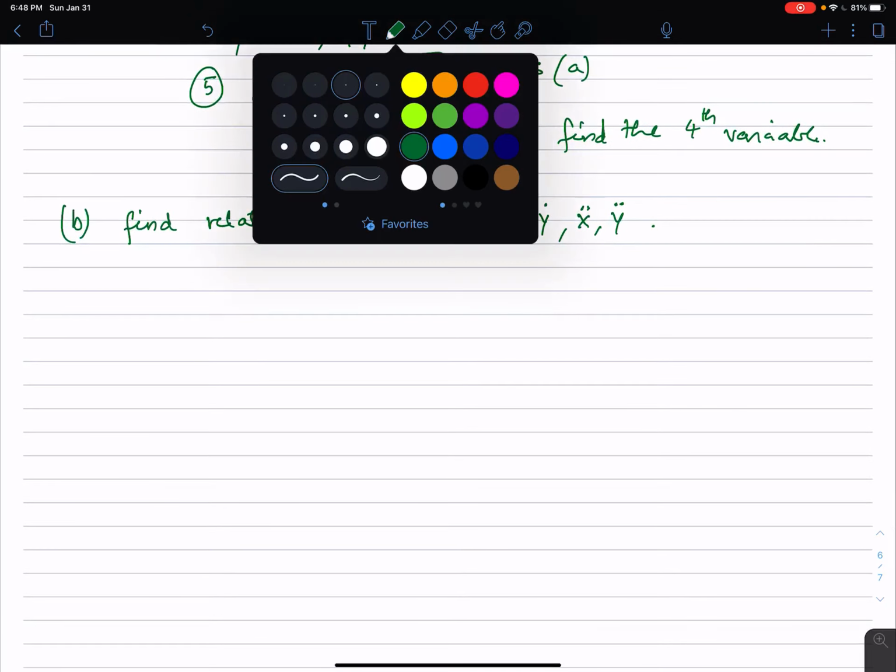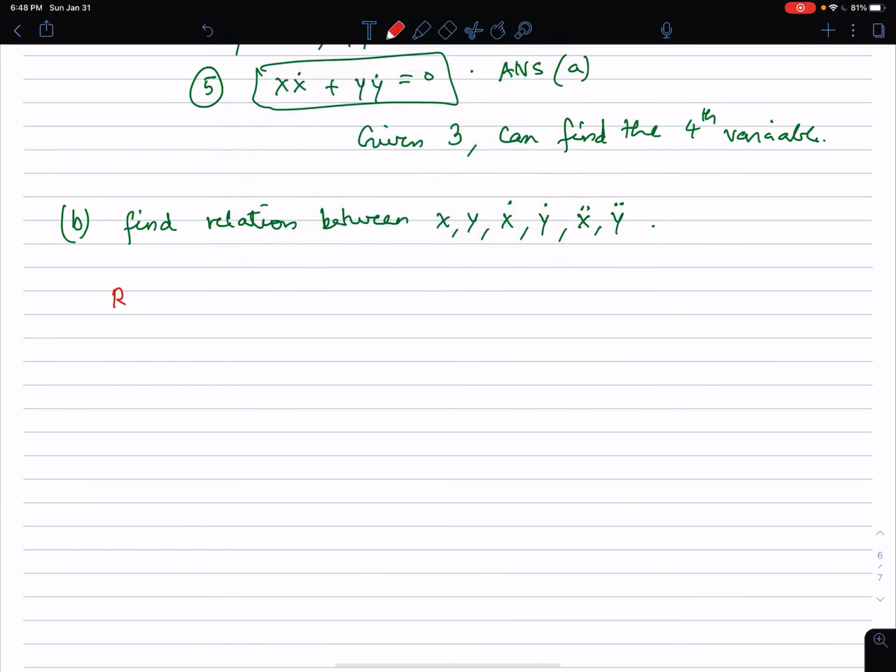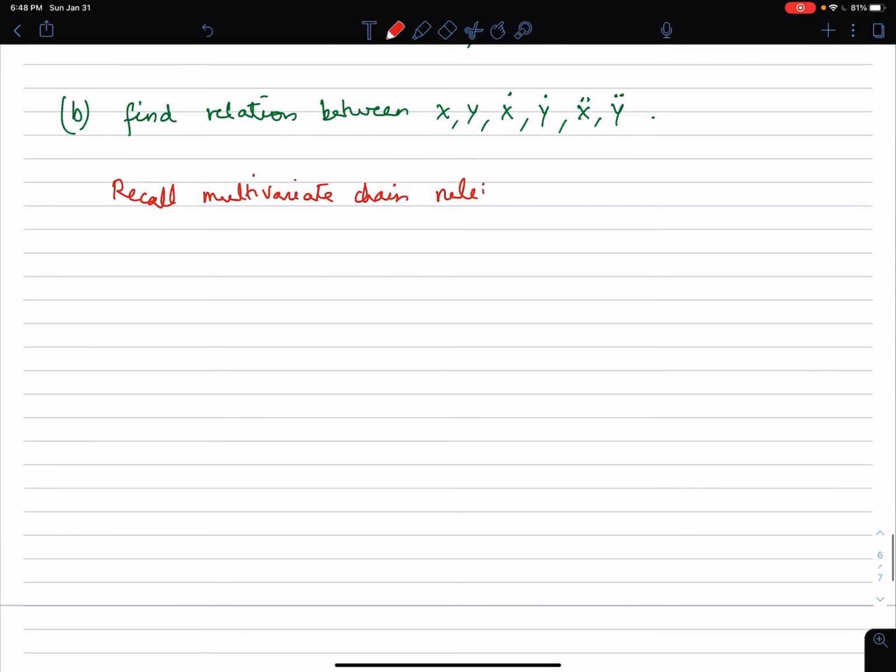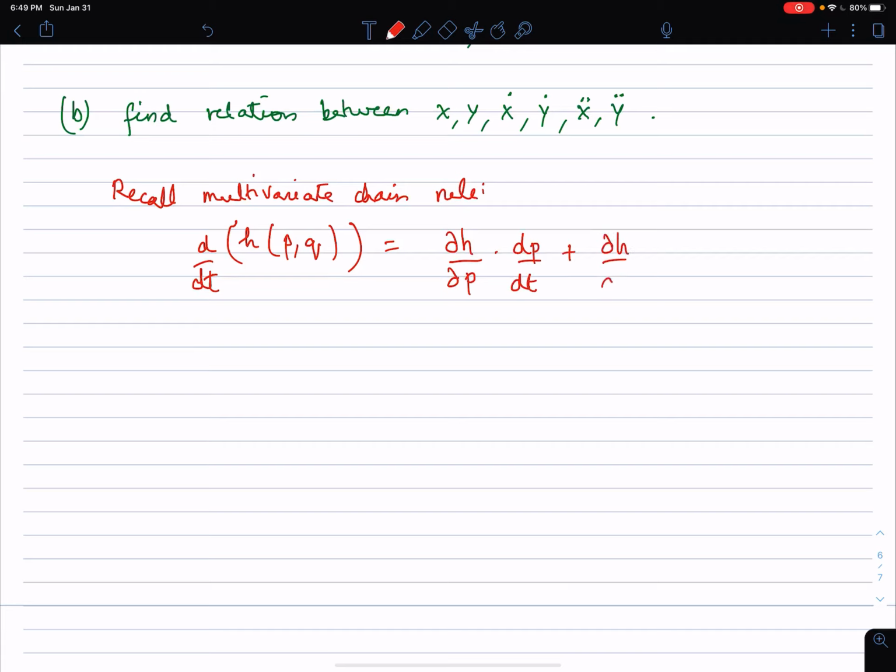So recall the multivariate chain rule. If you have some function, let's say h of p comma q, and we take d by dt of h of p comma q, then the expression is the partial derivative of h with respect to p times dp by dt plus the partial derivative of h with respect to q times dq by dt.